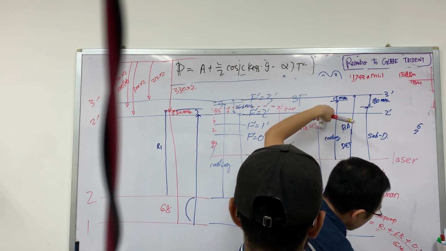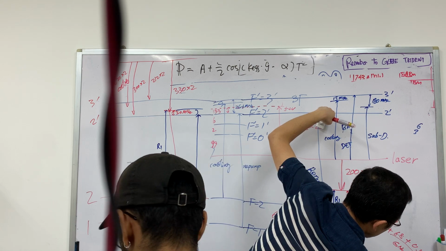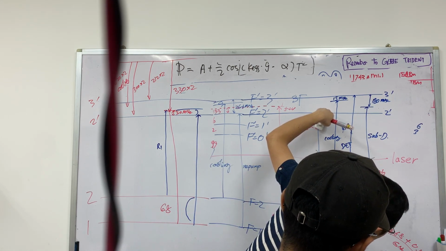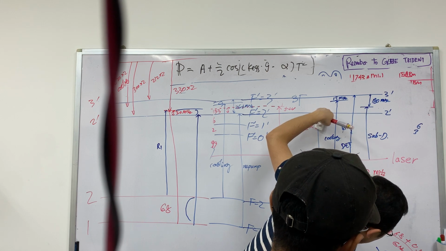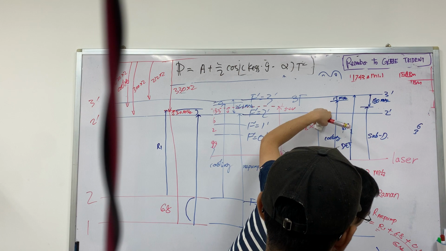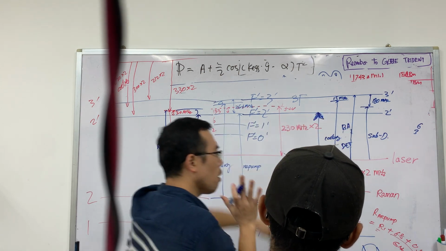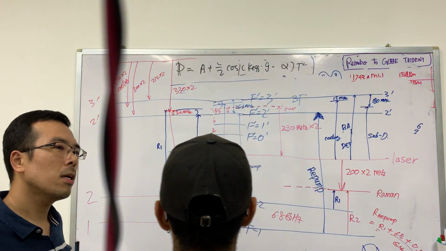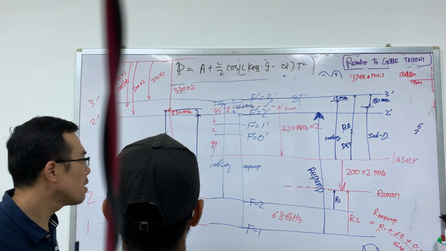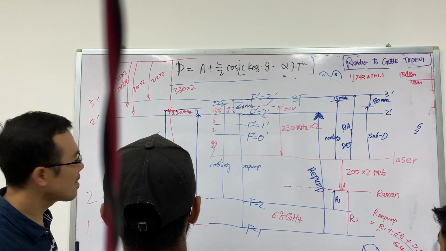Let's calculate 0.72, 6.8. So it's going to be 7.52. Yes, you need to fit 7.52 gigahertz into the UM. Is this clear?